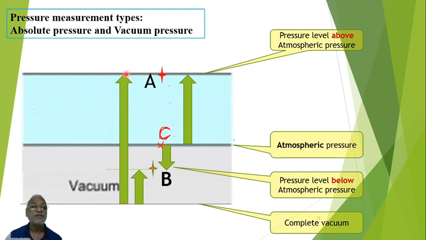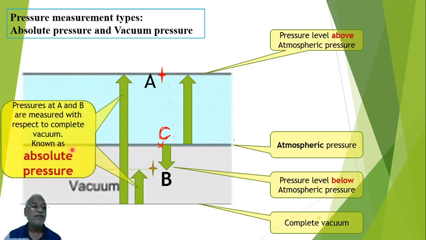Even for point B, how much is the pressure with respect to complete vacuum. So the reference is complete vacuum or absolute vacuum. This way also pressure can be measured, and such a pressure is known as absolute pressure. So pressures at A and B measured with respect to complete vacuum are known as absolute pressure.